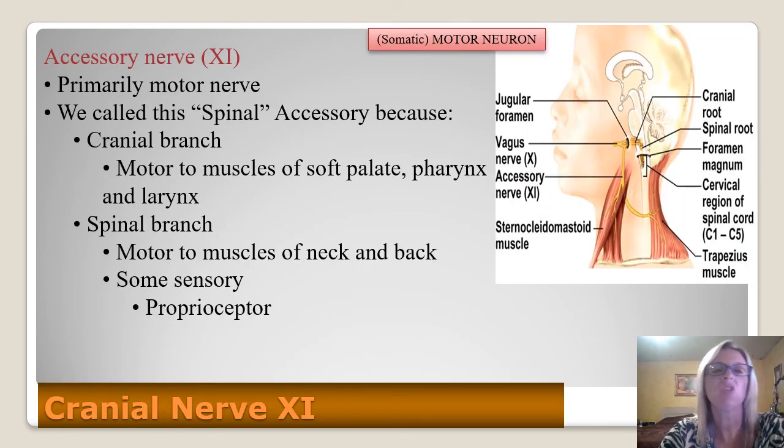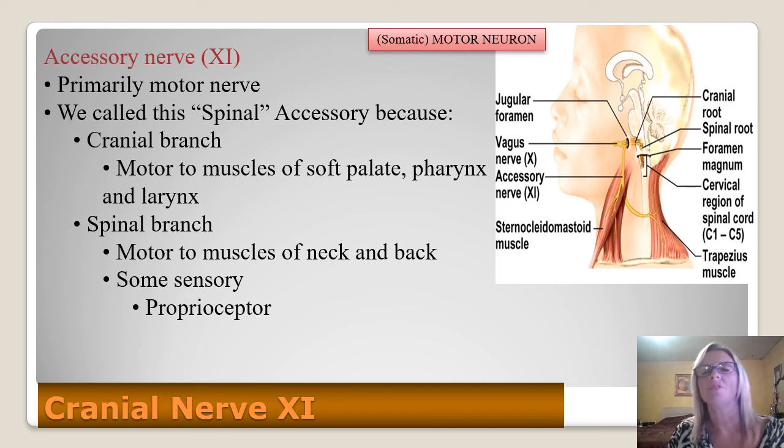Next, we have the spinal accessory nerve. It is okay to say accessory nerve. I do prefer spinal accessory nerve. These originate in the medulla oblongata and the spinal cord. These have both cranial and spinal branches. The cranial branch of the accessory joins the vagus nerve and helps carry impulses to the soft palate, pharynx, larynx.